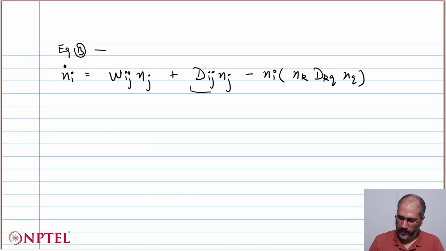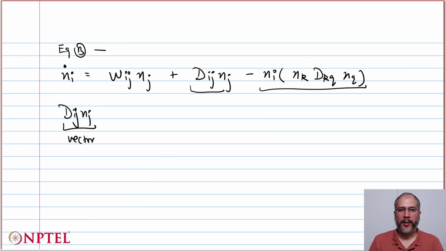So let us see these terms. Now d_ij n_j is actually a vector. And you may remember from our discussion on the background mathematics, a vector can be written as its component along a given normal.